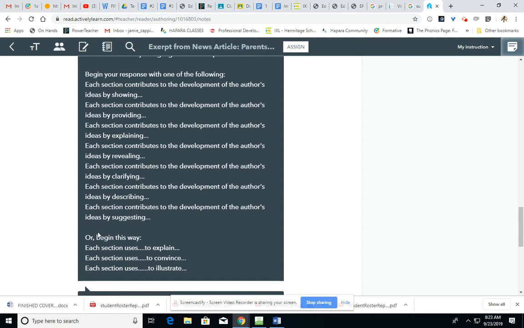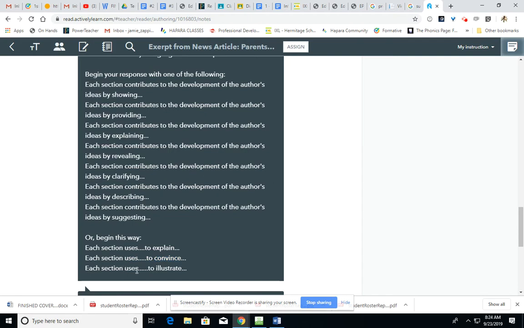But if you want to do it in a little more challenging way, maybe you could focus on a specific aspect of each section. So the section uses something specific. What is it? That's what you'd fill in there. To explain, what do they explain with that one specific thing they use in that section? The section uses something specific to convince the reader of what?